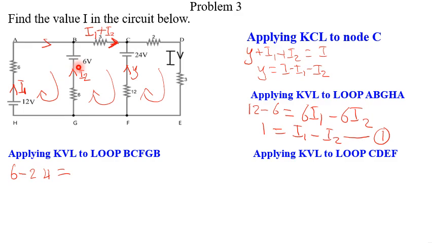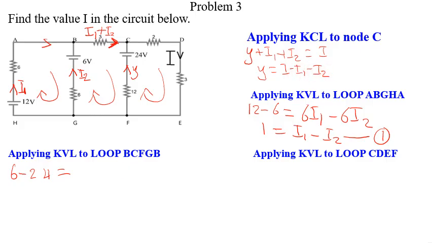Looking at the voltage drops, we're moving in the clockwise direction, so it becomes 6I2 plus, this one is also moving in the clockwise direction, 3 times (I1 plus I2). Then we come here, we're moving in the clockwise direction, but Y is going in the anti-clockwise direction, so it becomes minus 12Y, and we know the value of Y, which is I minus I1 minus I2.